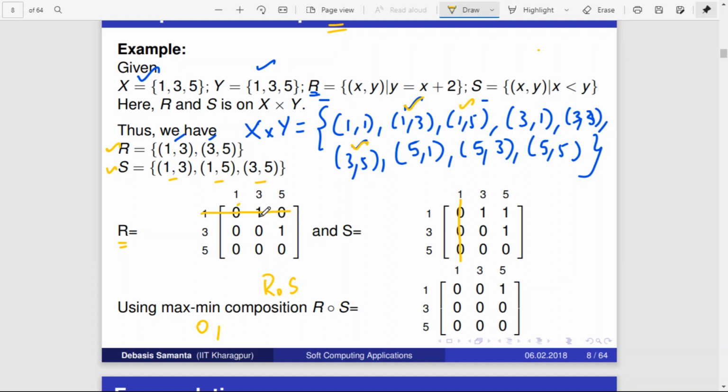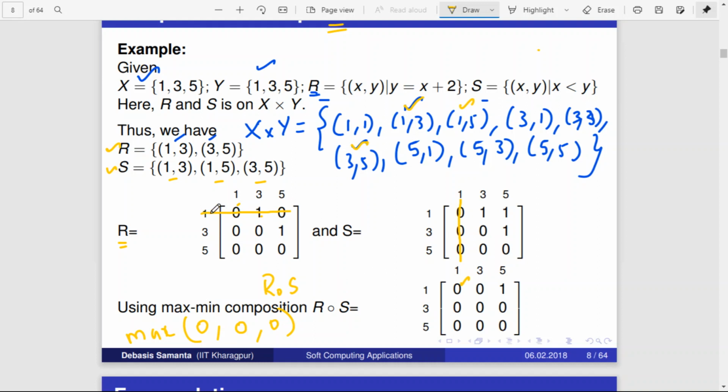Then 0 and 0, the minimum is 0. Then out of these, find the max. The max of all these is 0, so this entry is 0. Is it clear?